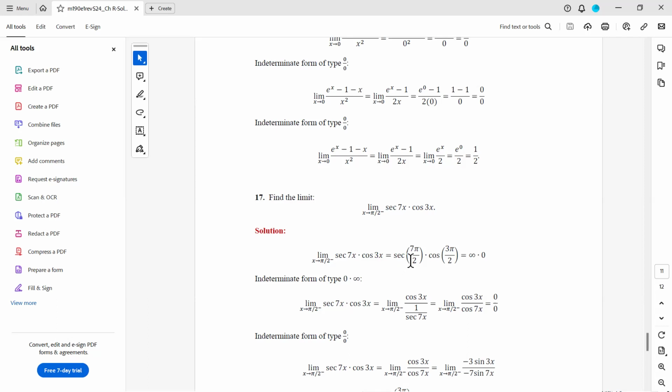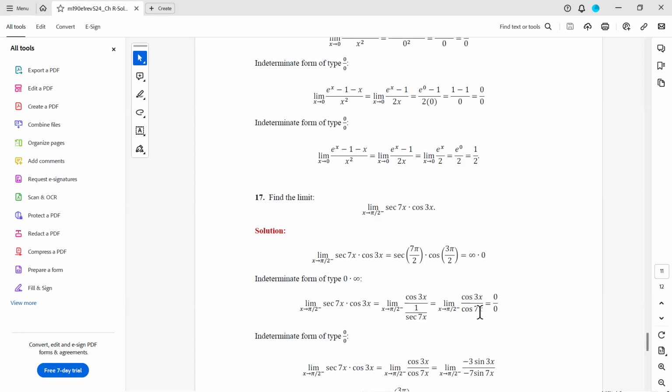Now, the reason she chose the secant here instead of the cosine: if I had divided by 1 over the cosine, I would have been in the secant again, and I would have had cosine over secant, which would be undefined. So she elected to divide by the reciprocal of the secant. And remember, the reciprocal of the secant is cosine.